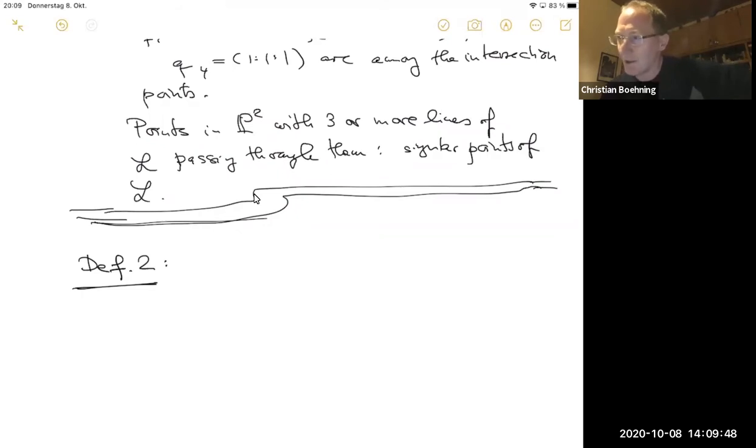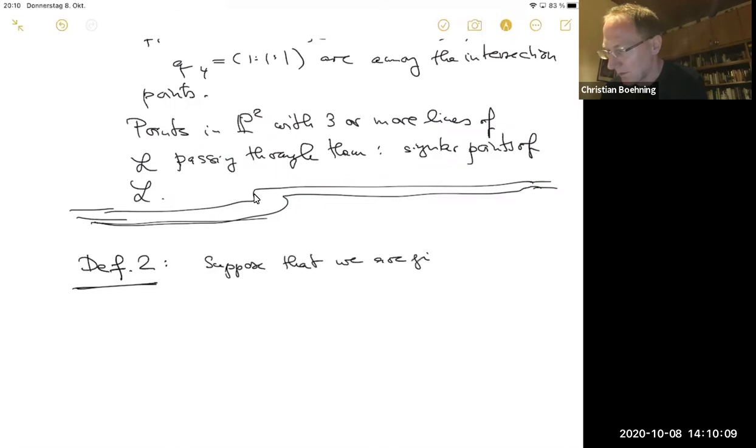So I want to define what I call a generalized incidence scheme. And this is a slightly longer definition, so I'll give an example after that. So I suppose that we are given in P2, well, first of all, points.